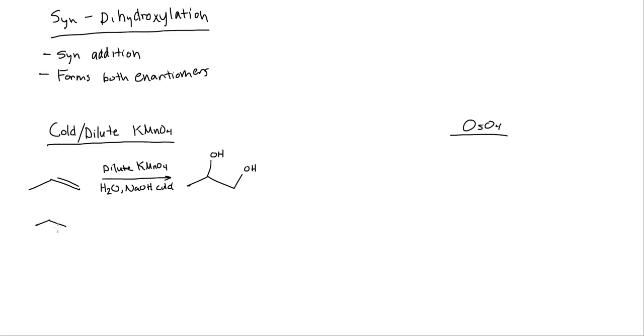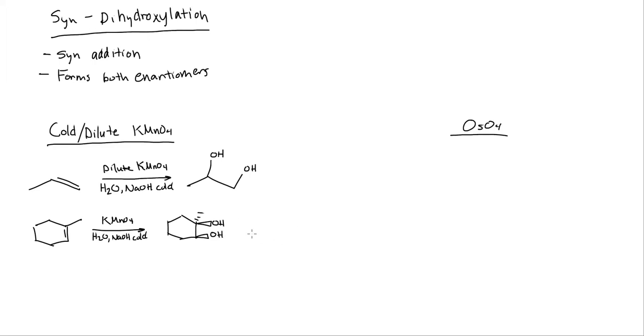The only time where it gets even a tiny bit more complicated is if we're forming a chiral center. So again, we're going to use KMnO4 and then H2O, NaOH, cold. And what this is going to do is still add them, except the OHs are going to be syn to each other, right?